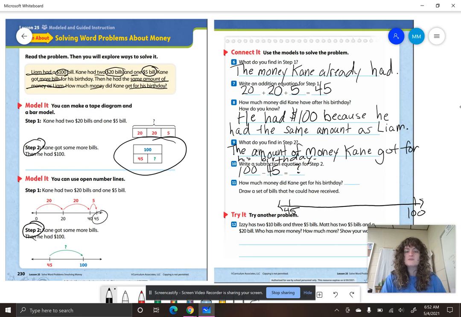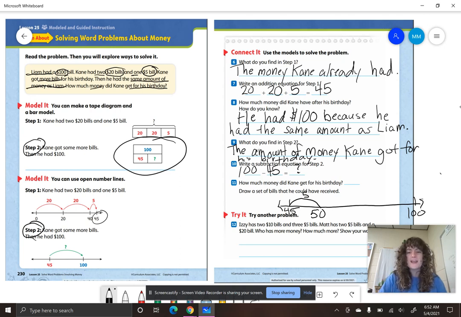How many ones would I need to get to the next group of 10, Smarties? 45, 46, 47, 48, 49, 50. How many ones can I add? 5 ones. I'm going to add 5 ones, and that gets me to 50. All right, Smarties, I am at 50, and now I am needing to jump to 100. I can add groups of 10s now because remember, 100 is 10 groups of 10.